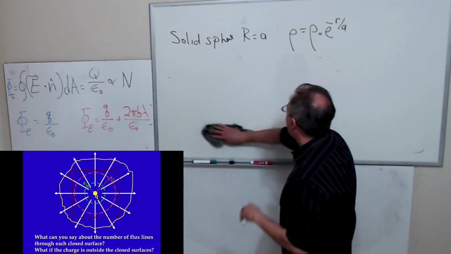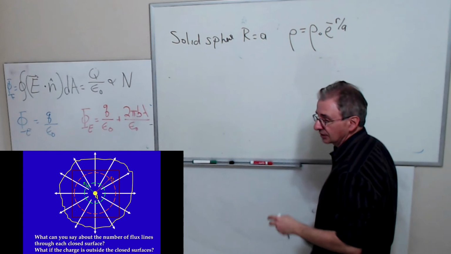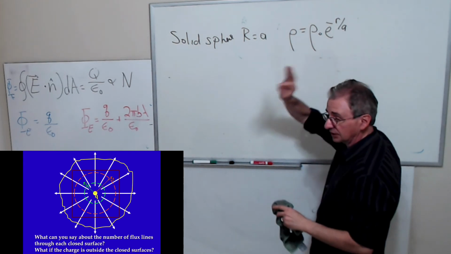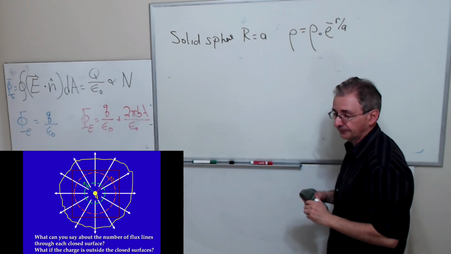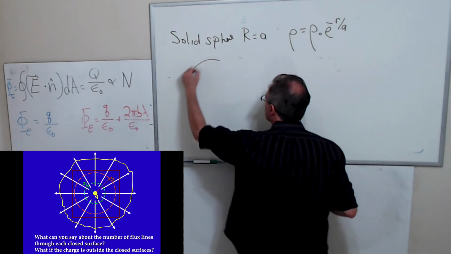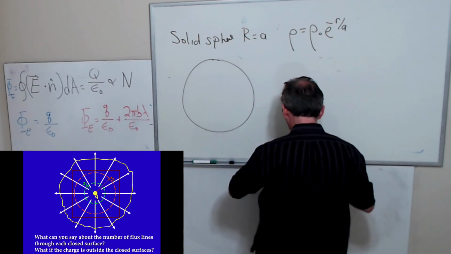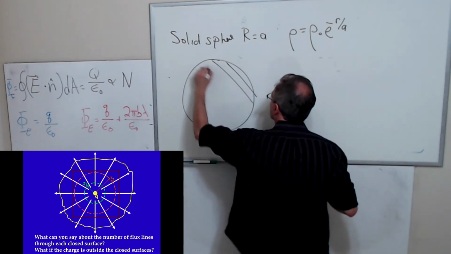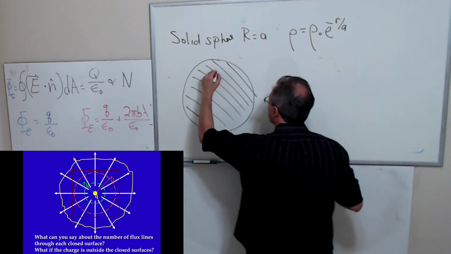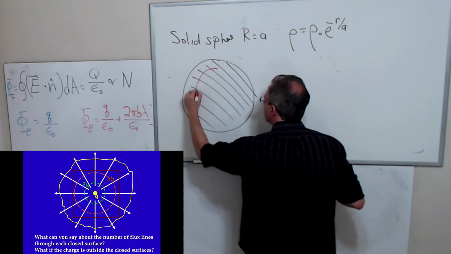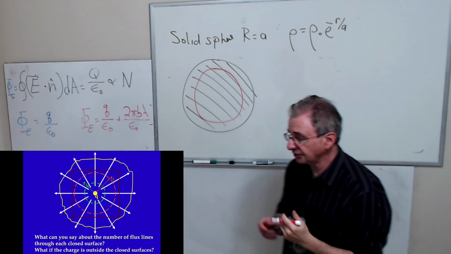So, if I have a solid sphere and the density varies, but the density varies only with distance from the center of the sphere. That means if I have a sphere and the center is a solid sphere, if I consider a spherical shell, I mean, just imagine you have an onion.